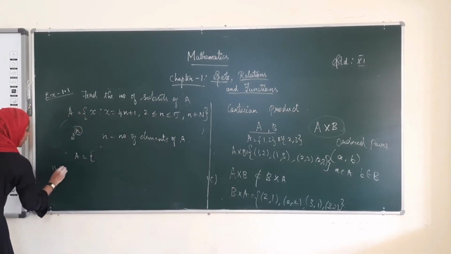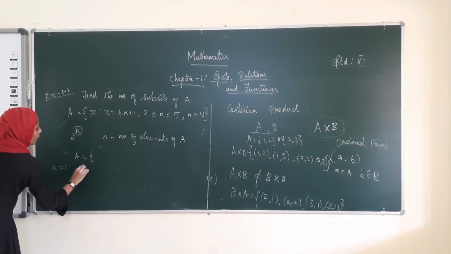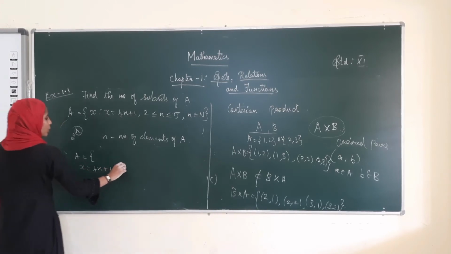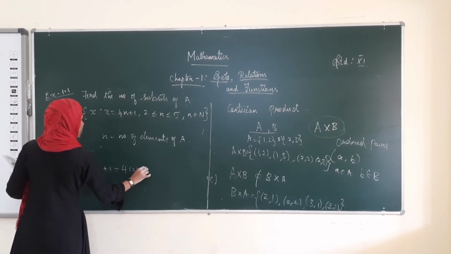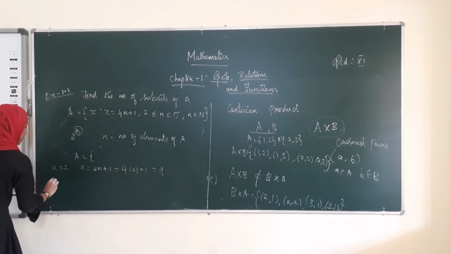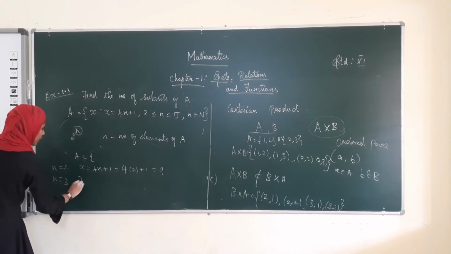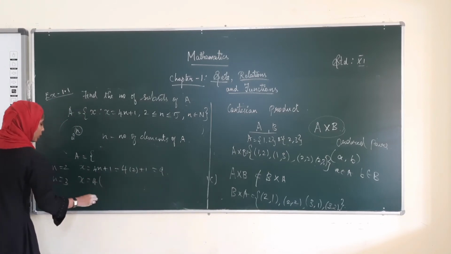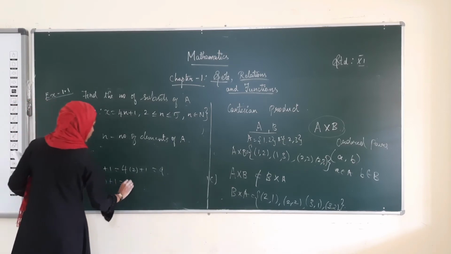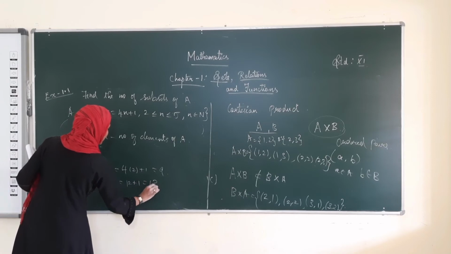Shall we write? When n is equal to 2, x is equal to 4n + 1, that is 4 into 2 plus 1. 4 twos are 8, plus 1 is 9. Then n is equal to 3, x is equal to 4 into 3 plus 1, 4 threes are 12, 12 plus 1 is 13.